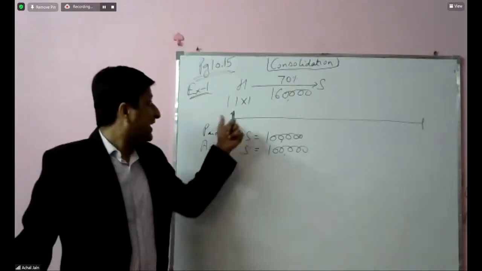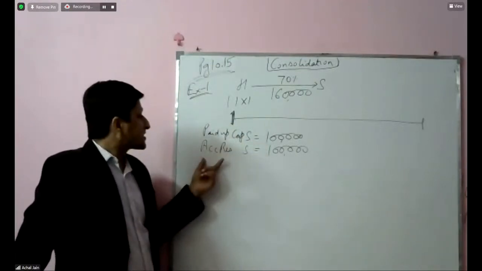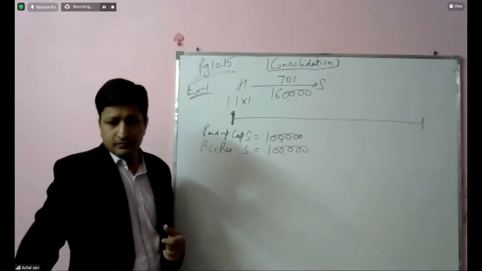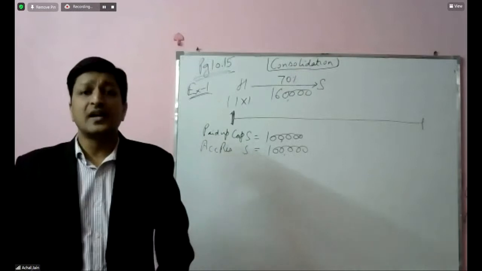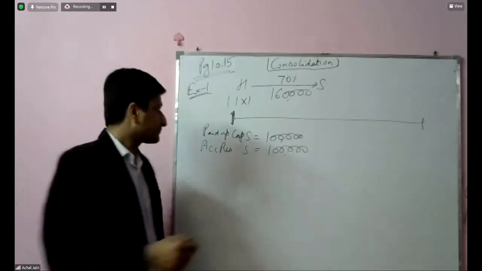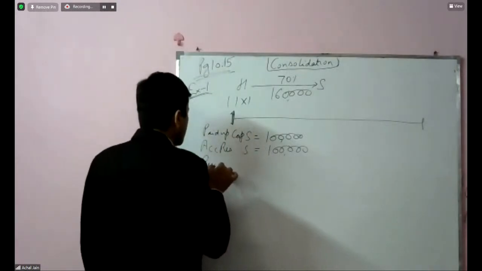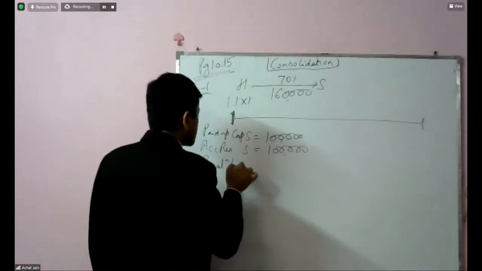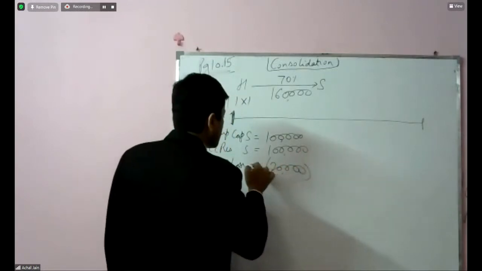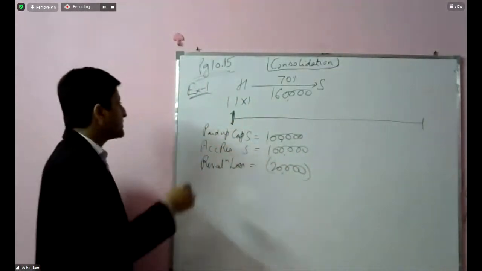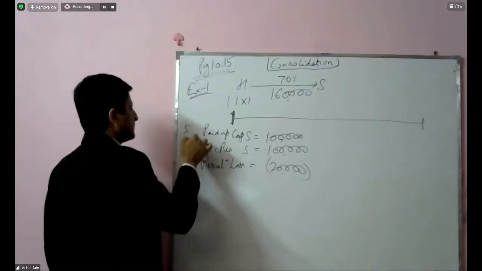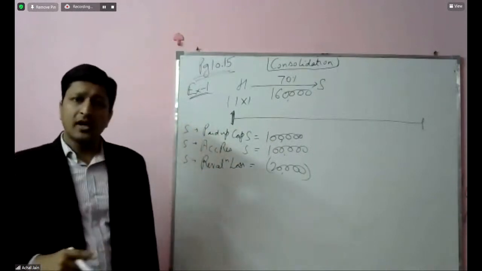Now, on this date, assets of S Limited were revalued. And this resulted in a revaluation loss of 20,000. So there was a revaluation loss. 20,000. All these particulars are for S. Okay.